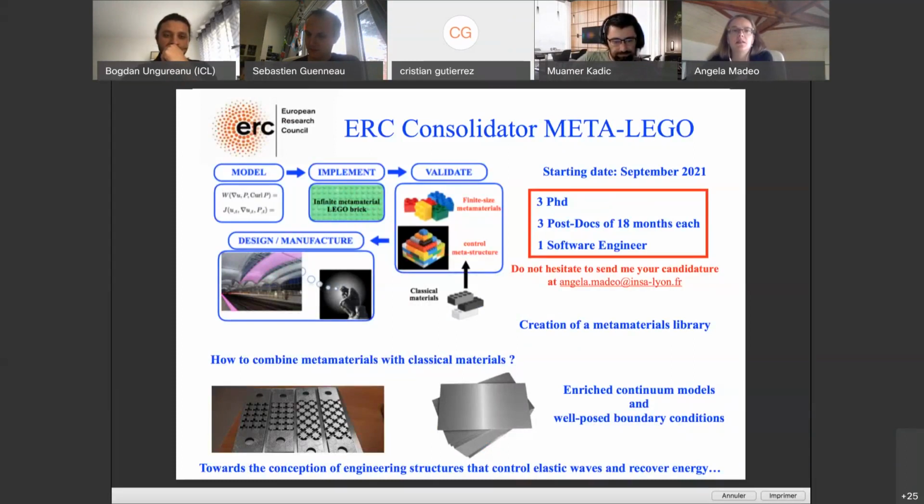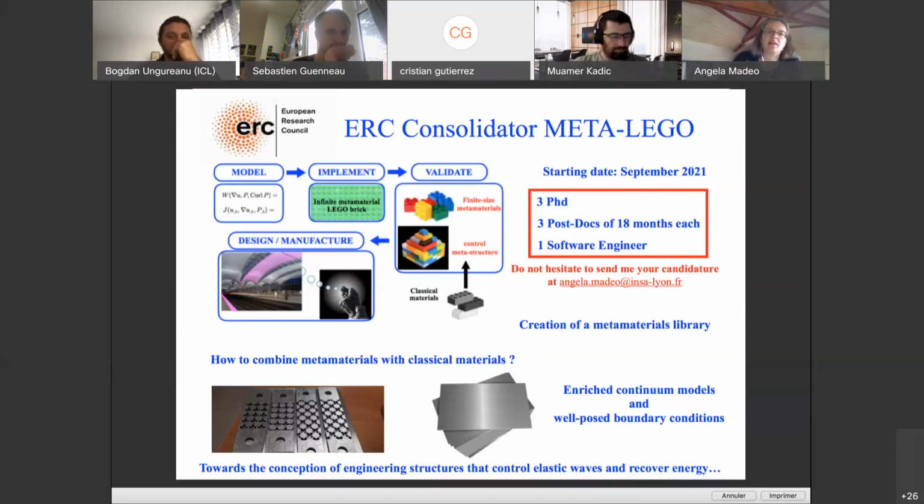So namely, propose new enriched models for metamaterials modeling. And the big step forward will be that of answering the question of how we can combine metamaterials with more classical materials. So how we can complement such micromorphic models with well-posed boundary conditions, so that we can, in such sense, play Lego with such metamaterials.